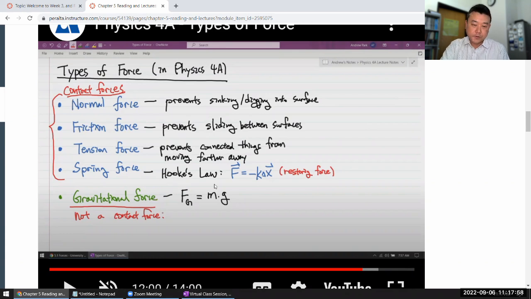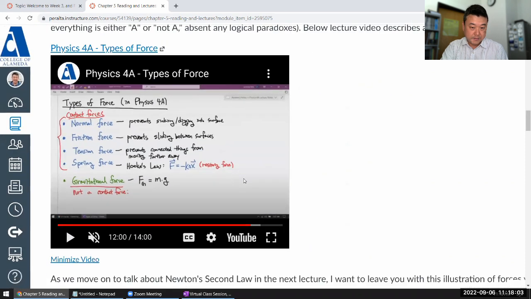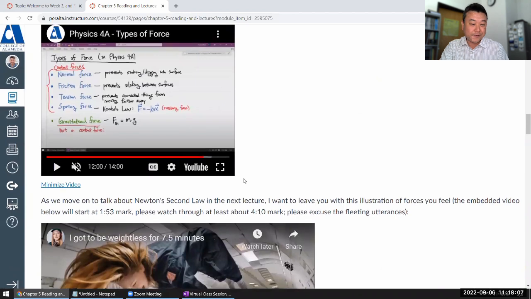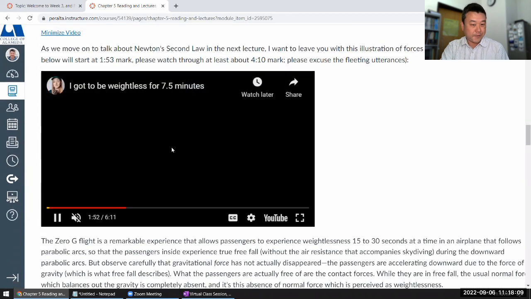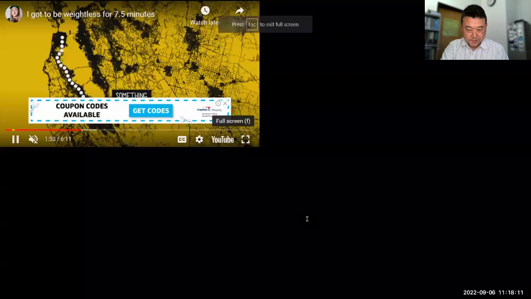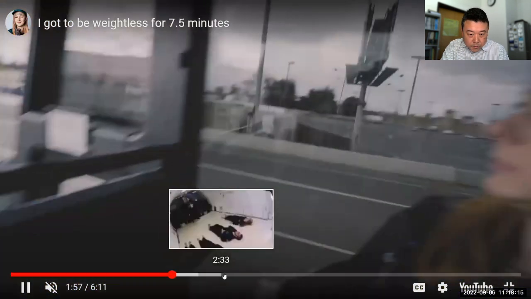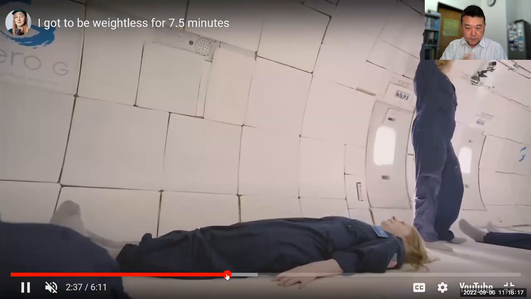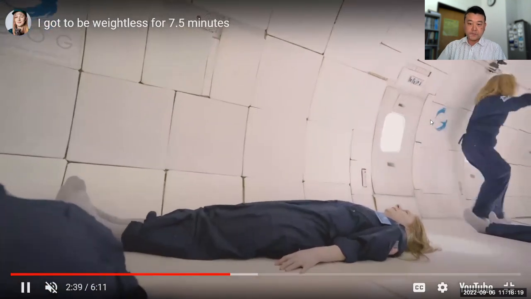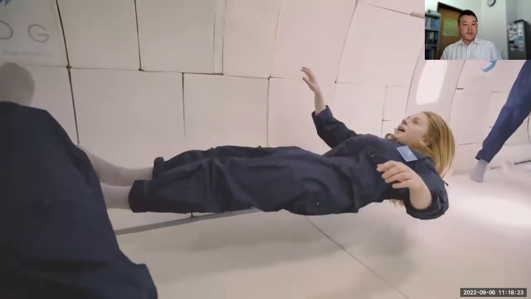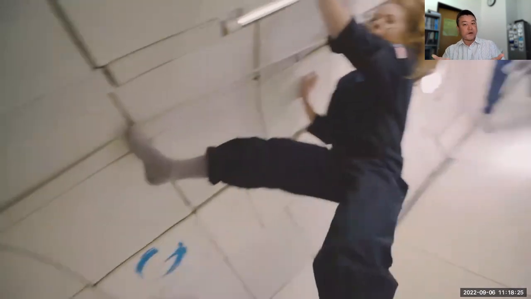And to help you with that intuitive feel, this page actually has some videos of examples of free fall. So this is one of them. Let me just skip ahead to the portion where it is in free fall. She's about to go into free fall. So when she comes off the floor of the airplane, she's in free fall.